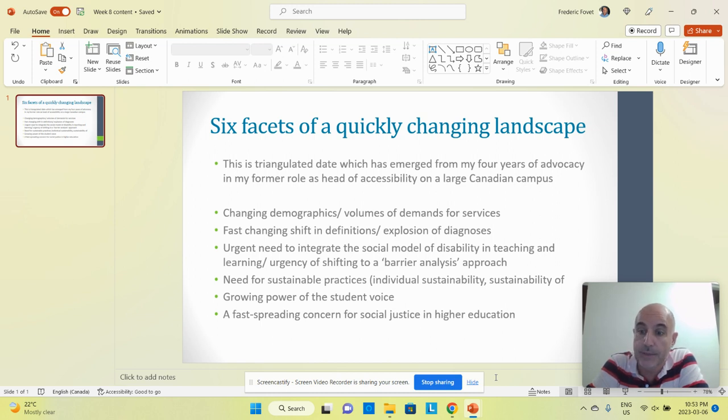From the year 2010, we really see an explosion of demands for services for inclusion within both the K-12 and the post-secondary sector. To give you an idea, when I arrived at McGill in 2011, there were 550 fully registered users of accessibility services.